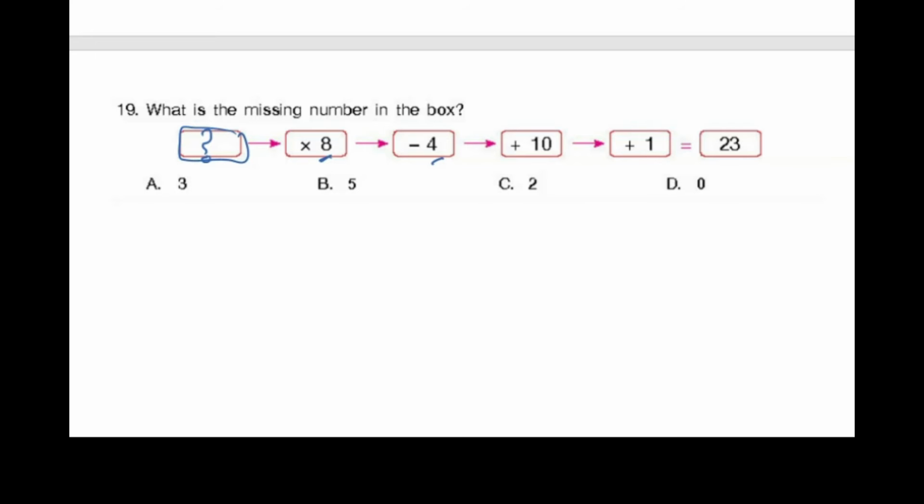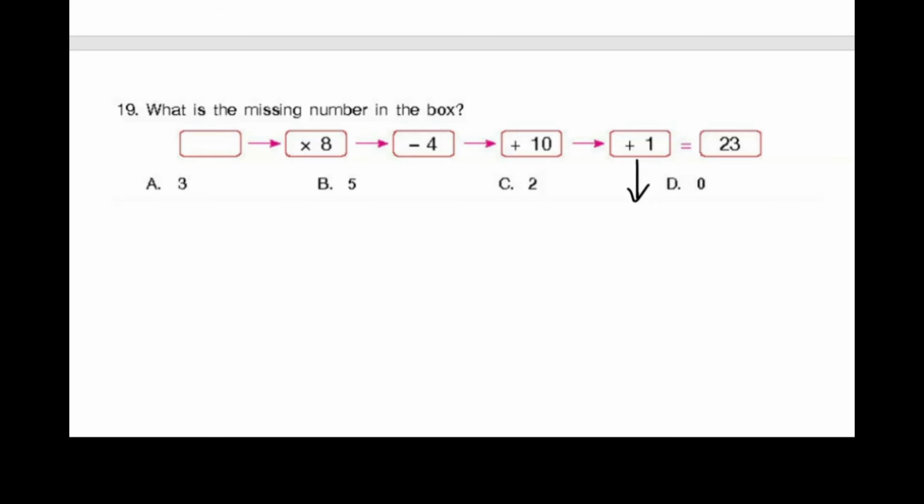How do we do these type of questions? We start reversing the process. Answer is 23. What we did finally? We have added 1, so we will subtract 1. So what we need to do? You just have to change the sequence. Okay?